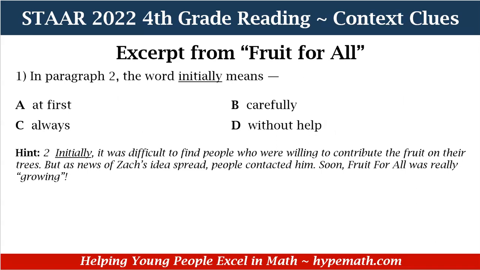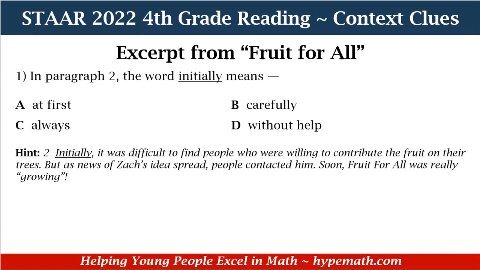Okay, so in paragraph 2, the word initially means A, at first, B, carefully, C, always, or D, without help. Okay, and for our hint, we have initially, it was difficult to find people who were willing to contribute the fruit on their trees.